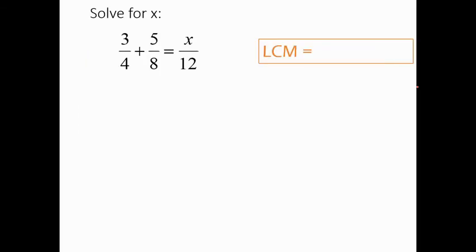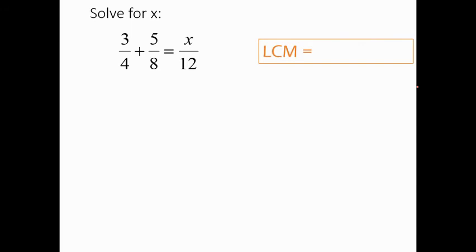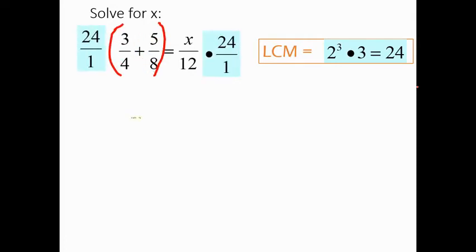All right, what's the LCM of these numbers? So 4 is 2 squared, 8 is 2 cubed. Notice the 12 is 2 squared times 3. So that means that the LCM is 2 cubed times 3, or 24. So you're going to multiply both sides by 24.